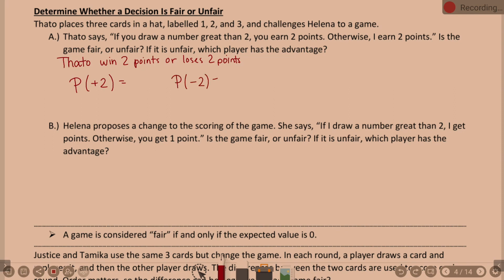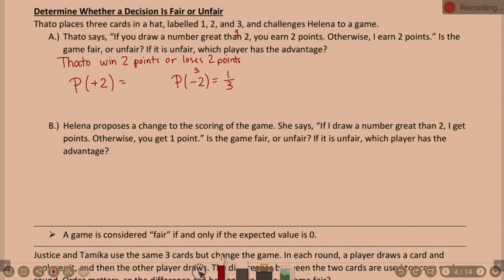If you draw a number greater than 2, who's you? Helena. So that would be a -2 to Theo, right? What's a number greater than 2? 3. So the probability of drawing a 3 means he's going to have 2 points against him. What's the probability of drawing a 3? 1/3. A 3 out of 3 numbers is 1/3.